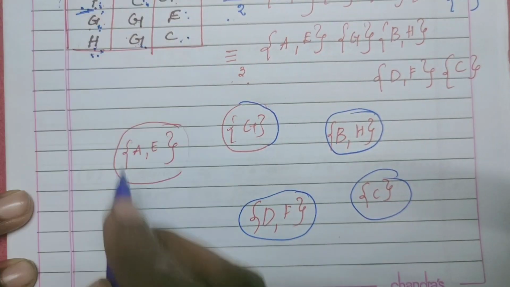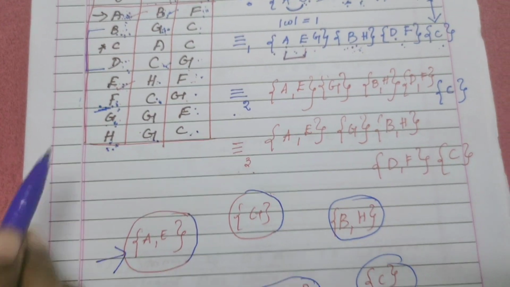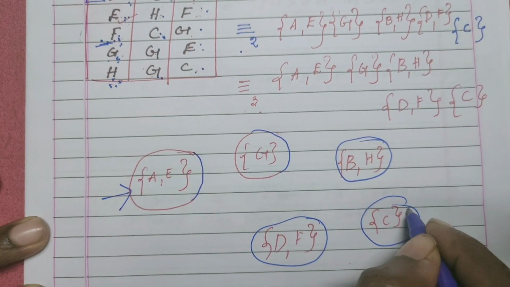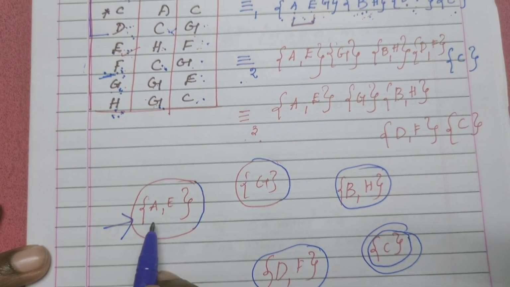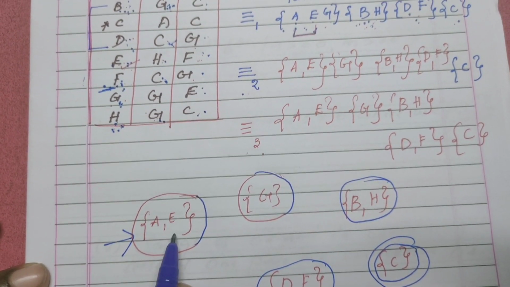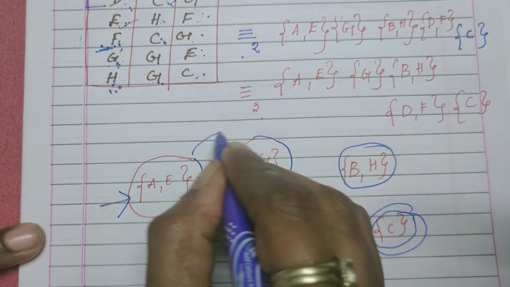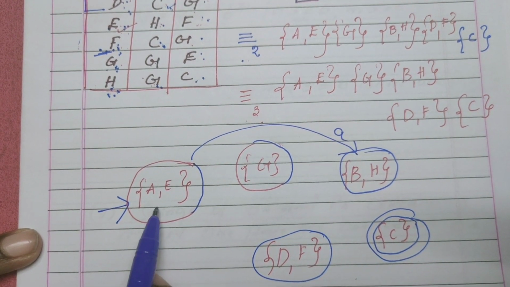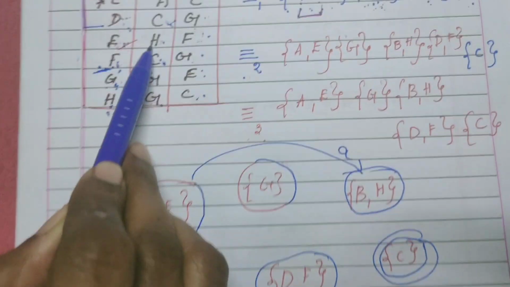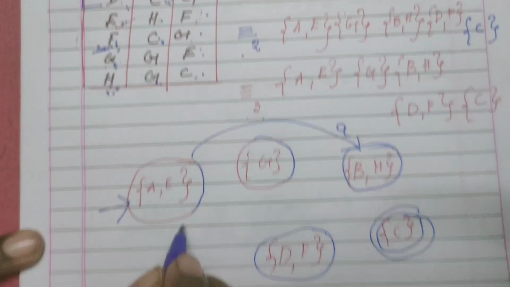Since A is the start state, this must be the start state. C is the final state, so this must be the final state. I'll circle it 2 times here. From A and E, on A, it goes to B and H. So this is the state. A and E, on reading B, it goes to F.